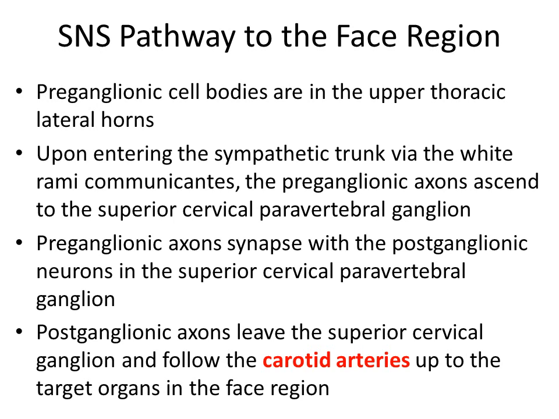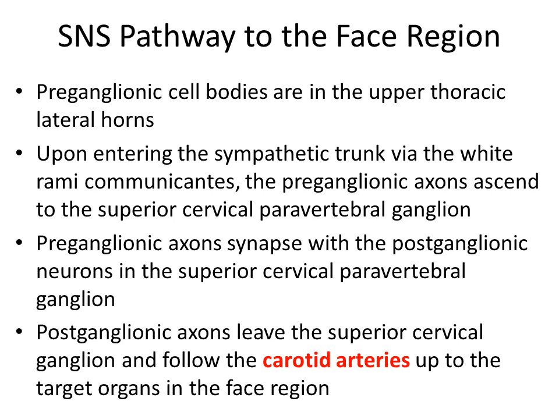The axons are going to exit the spinal cord through the ventral root, enter the spinal nerve to the ventral ramus, and then leave the ventral ramus to enter the sympathetic trunk via the white ramus communicans. These preganglionic neurons are then going to ascend within the sympathetic trunk to get to the superior cervical paravertebral ganglion, the highest ganglion in the chain.